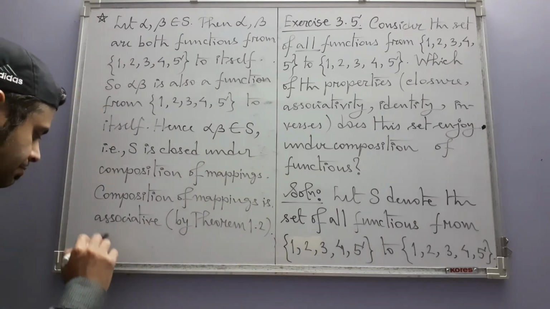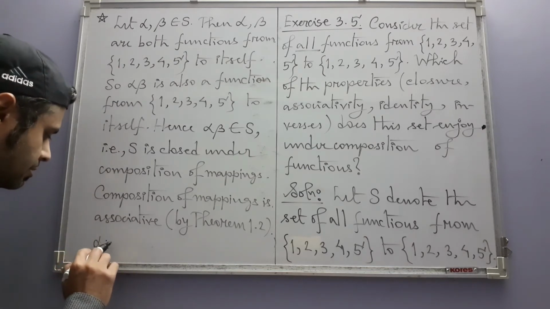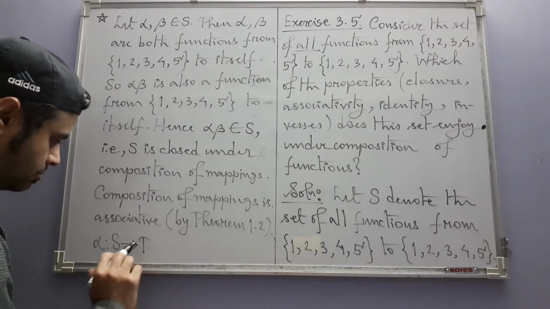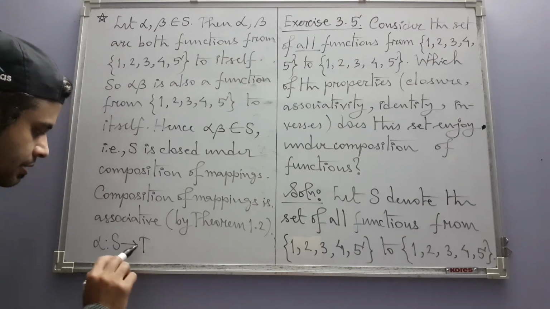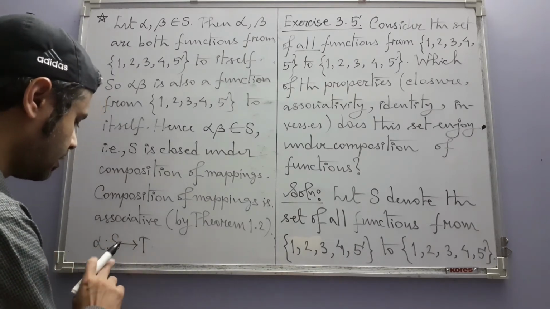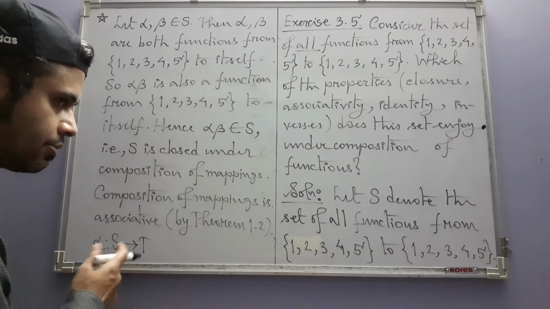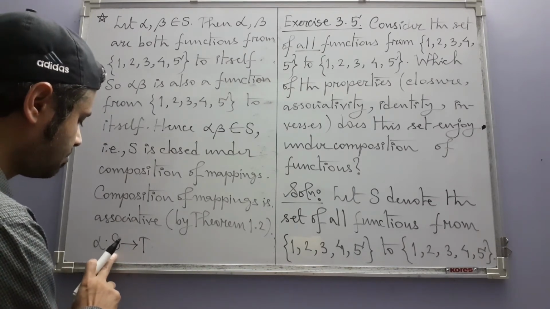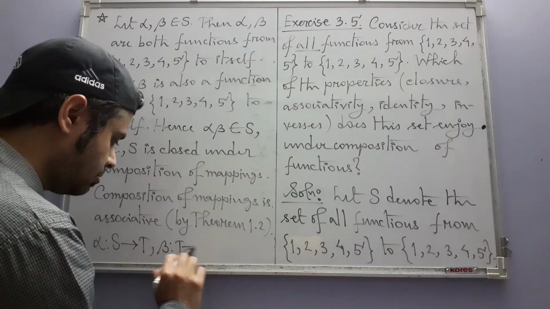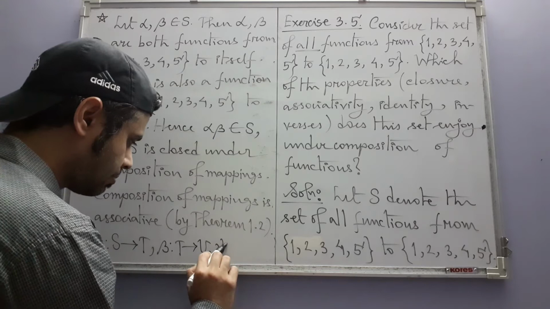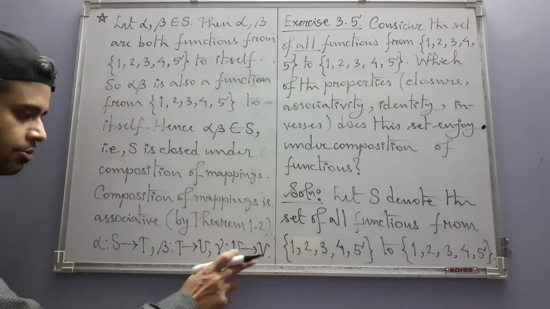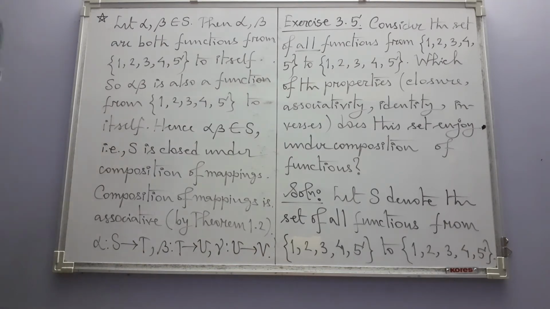If you have mappings like this, I may be writing these sets with some different notations here, but you can understand. Alpha is some mapping from set S to set T, beta is a mapping from T to U, and say gamma is a mapping from U to V. S, T, U, V are all sets.